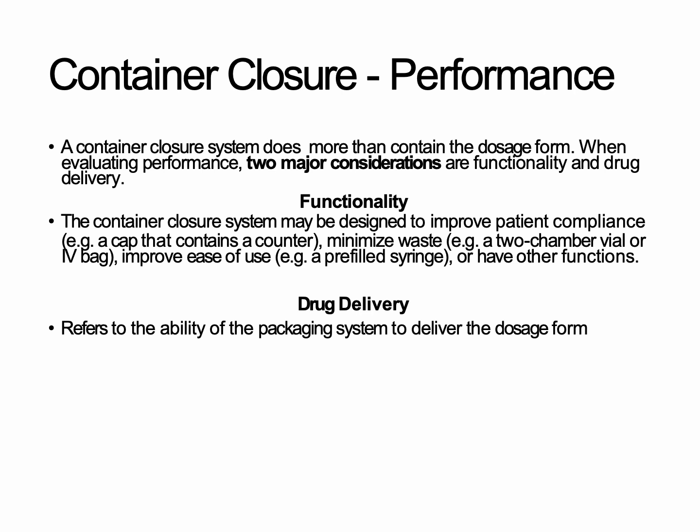For example, a cap that contains a counter, minimize waste, for example, a two-chamber vial or an intravenous bag, improve ease of use, for example, a pre-filled syringe, or have other functions. But now for the drug delivery, it refers to the ability of the packaging system to deliver the dosage form.